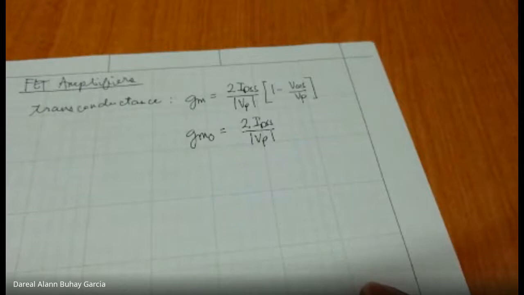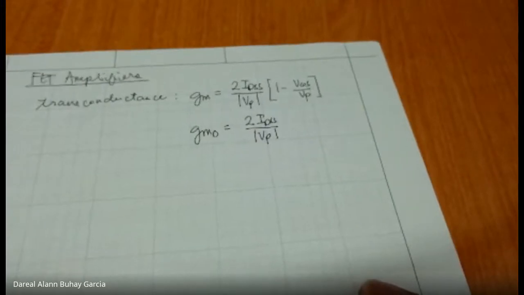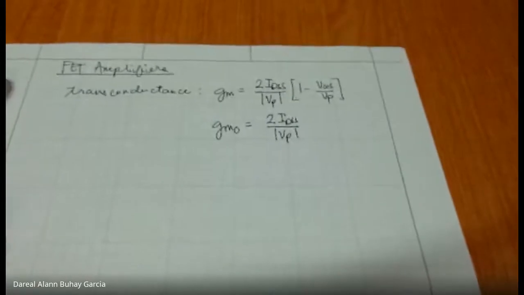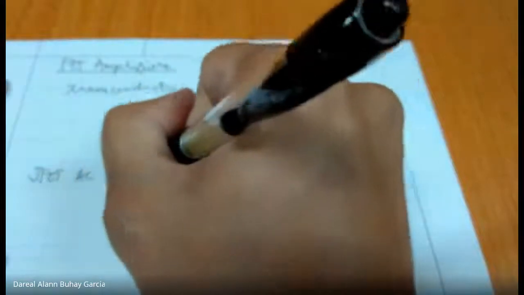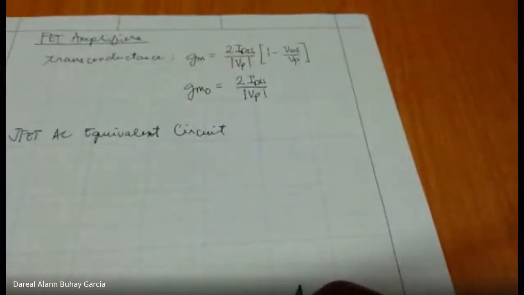Now, what's the model for a JFET AC equivalent circuit? Okay? Now, because the JFET or the FET in general is a voltage controlled device, okay?